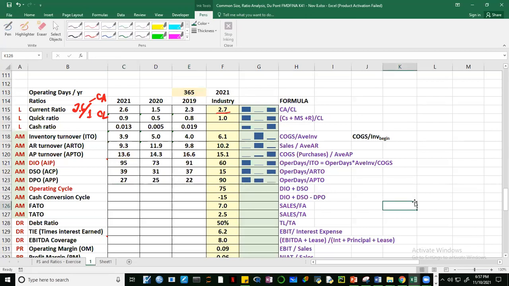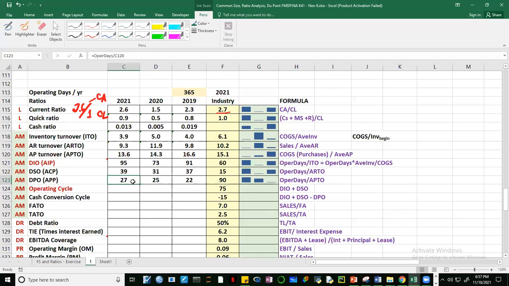Okay. Compare natin guys. Nung 2019, it took us 22 days to pay our suppliers, no? 2020, 25, 2021, 27, mas tumagal. Okay, so this can mean a lot. Bakit tumatagal yung payment?